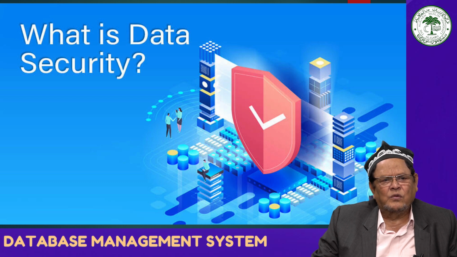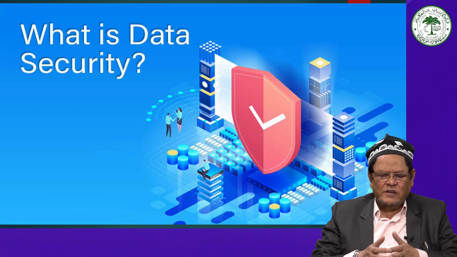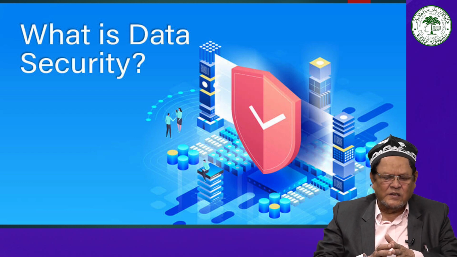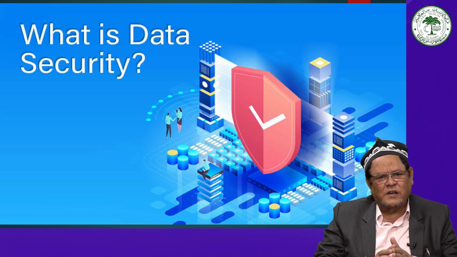Come to the point. First, what is data security? Here you can see the data of different places. There are some persons who want to extract information. So you have to safeguard the data.